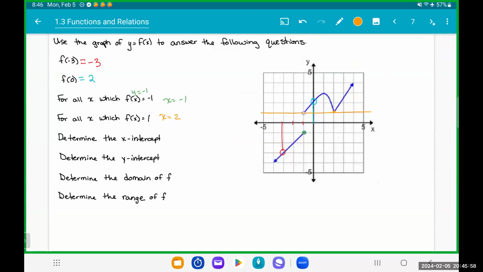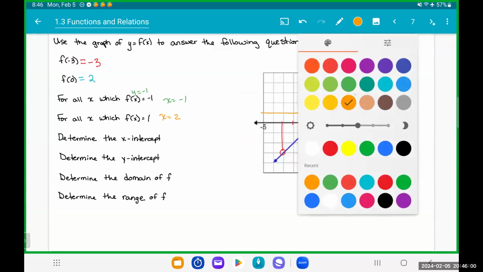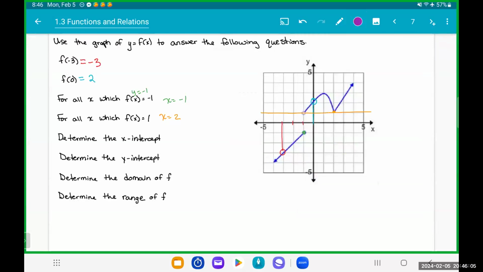Now we want to determine the x-intercepts. X-intercepts, where does it cross my x-axis? None, right? I don't have any x-intercepts. What about where does it cross my y-axis? That occurs at this one location here.